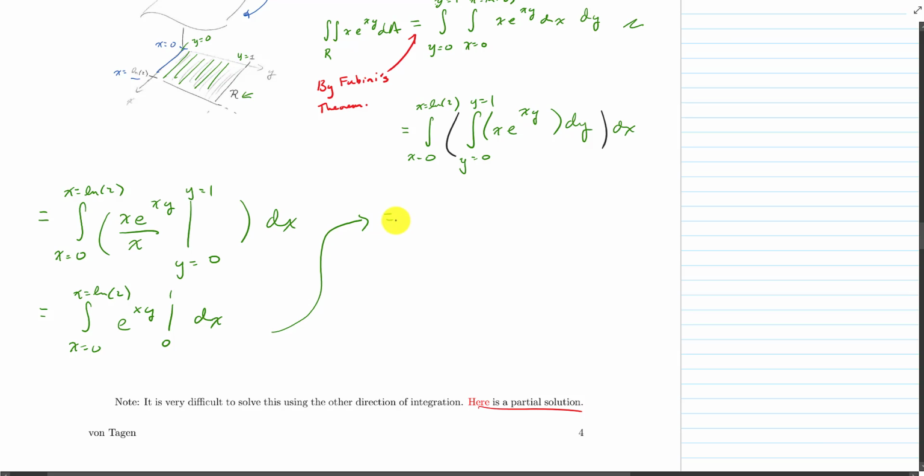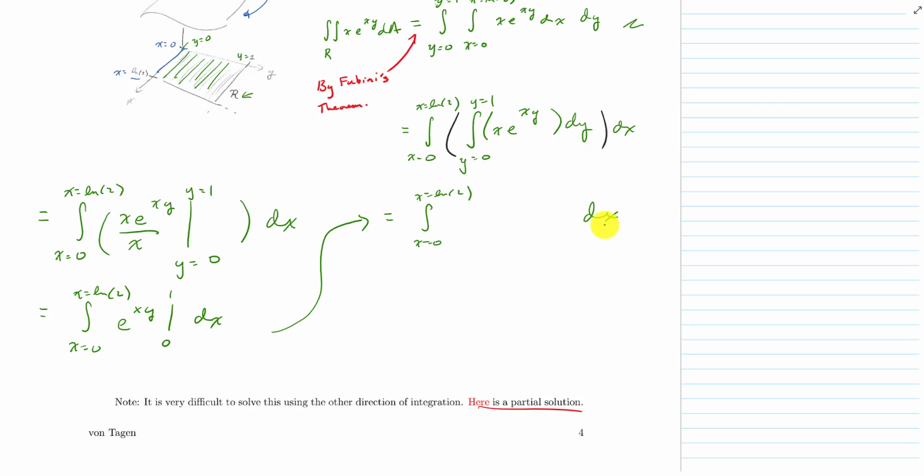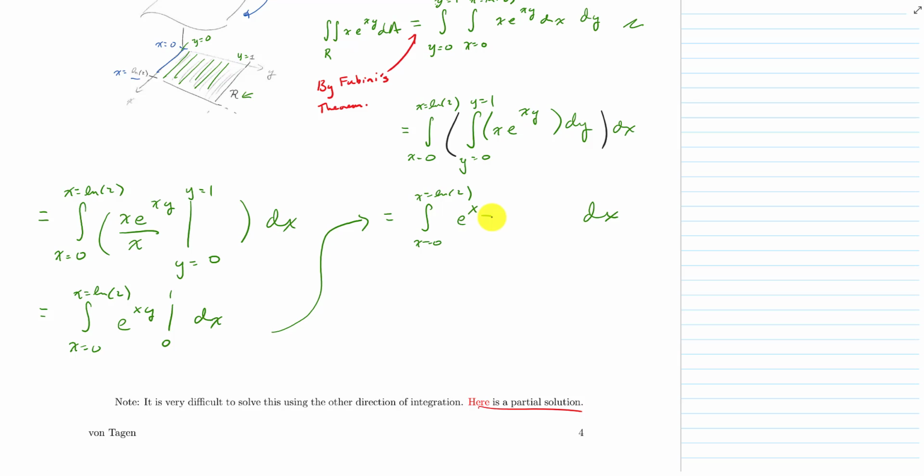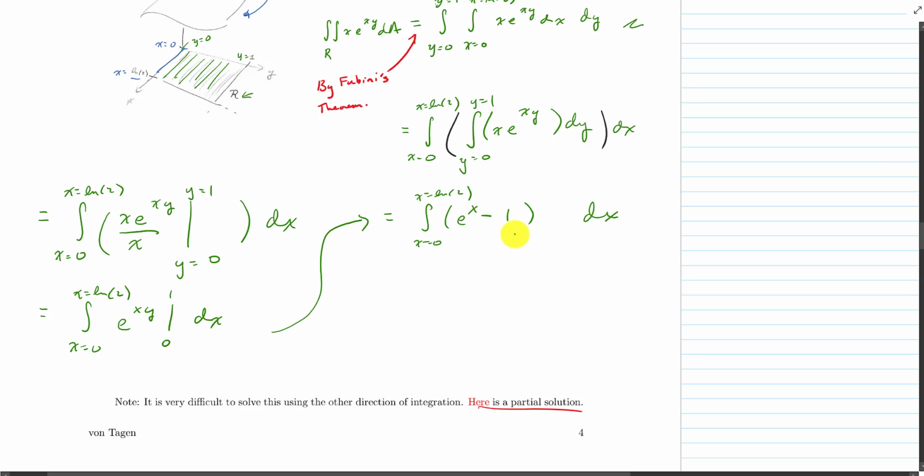So now if we evaluate that, this gives us the integral from x equals 0 to x equals the natural log of 2. Again, I'm just leaving that outer integral alone as I work with the inner expression. If I plug in a 1 for y, that's going to give me the function e to the x. And I'm going to subtract from that the same function e to the xy, but plugging in a 0 for y, and that's going to give me 1.